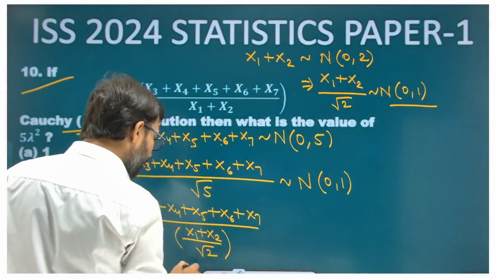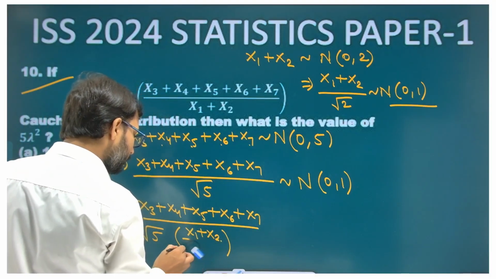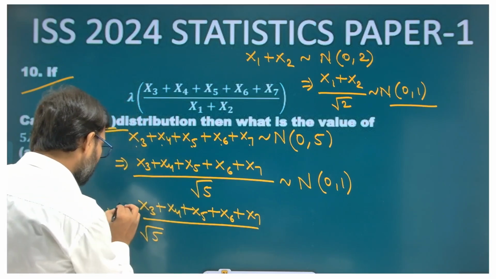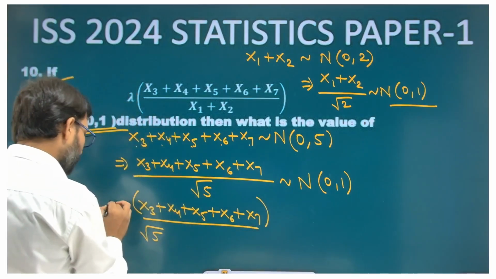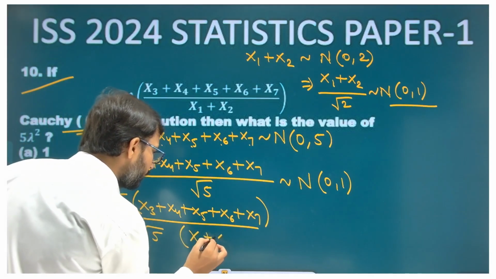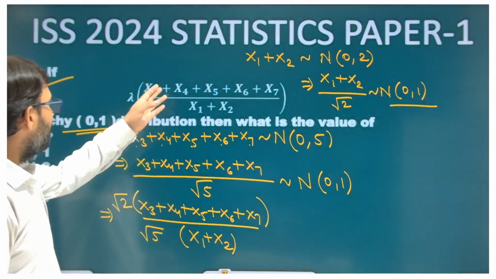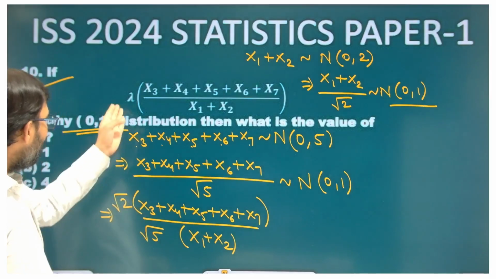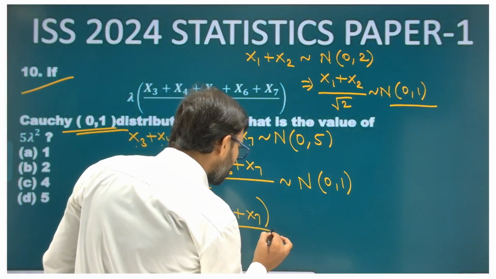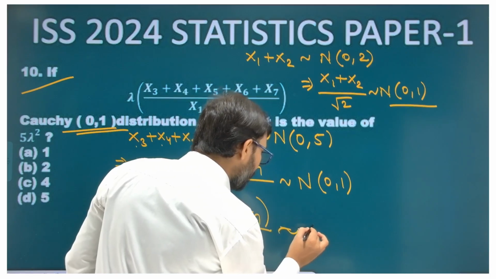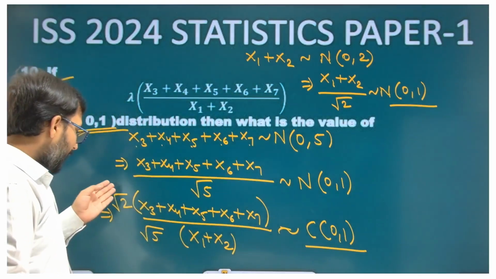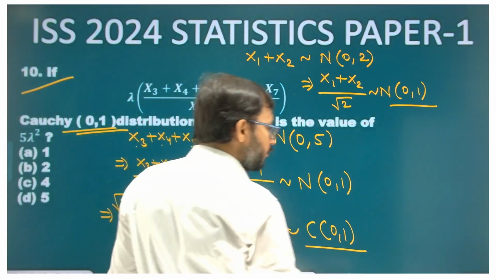So root 2 should be in the numerator, and this is x1 plus x2, which is already given, divided by this. This is following Cauchy 0, 1, obviously. So lambda is equal to root 2 by root 5.